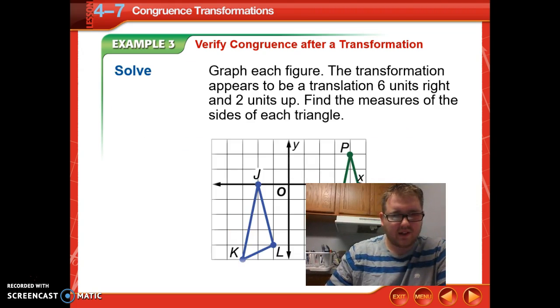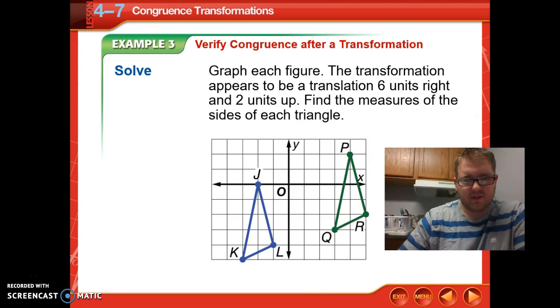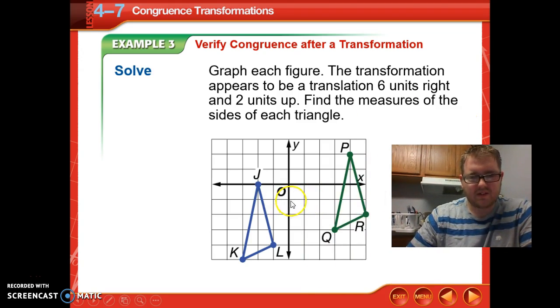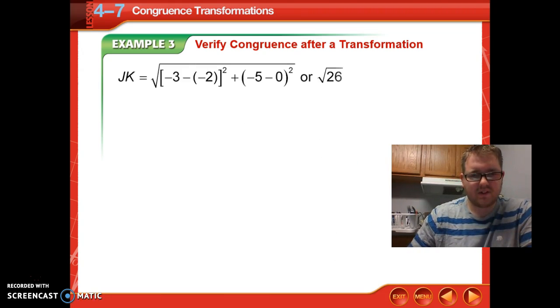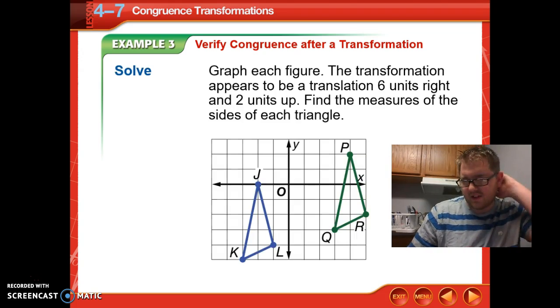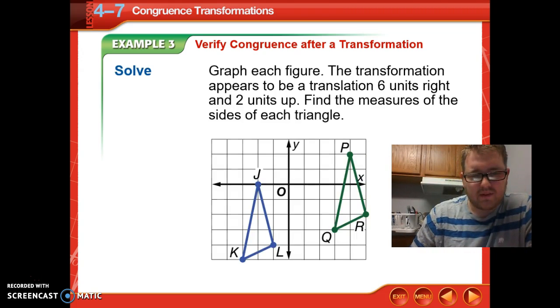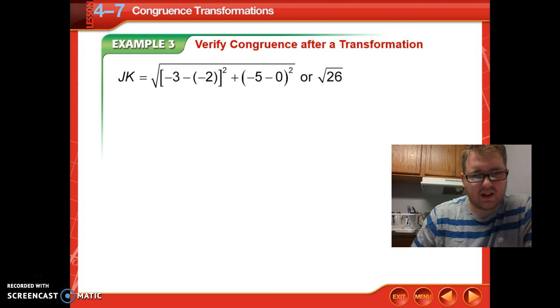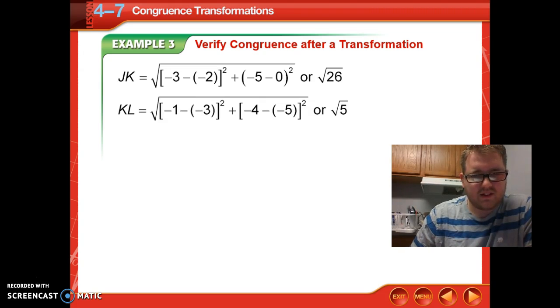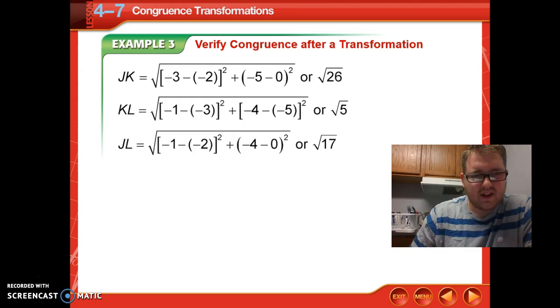So we go ahead and look at the graph here of those two triangles identified. We see just by looking at it, it looks like they're congruent. It looks like a translation to me, but what we can do is verify that with the distance formula. So you see here we can measure the distances of JK, KL, and JL to get those three values: radical 26, radical 5, radical 17.